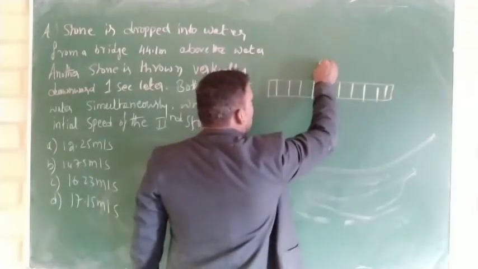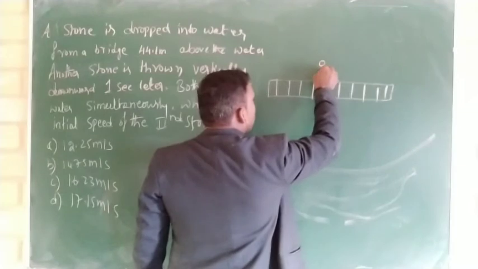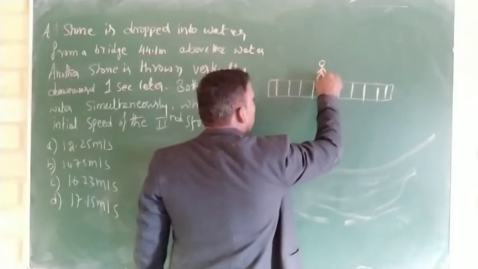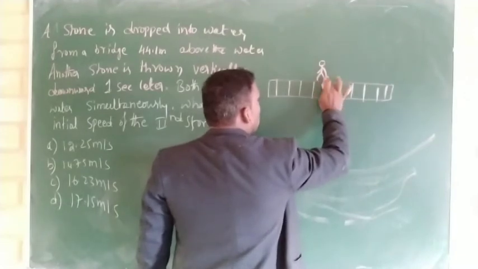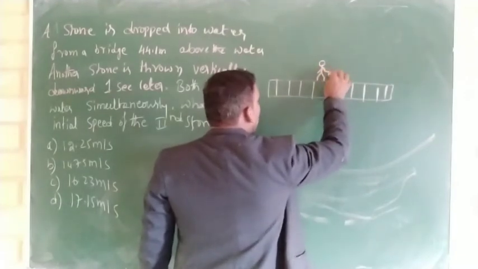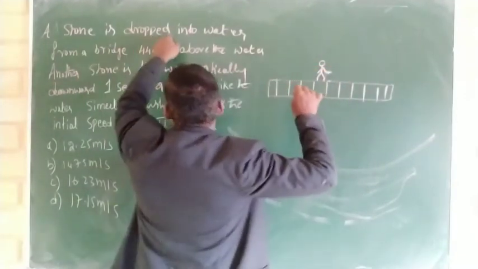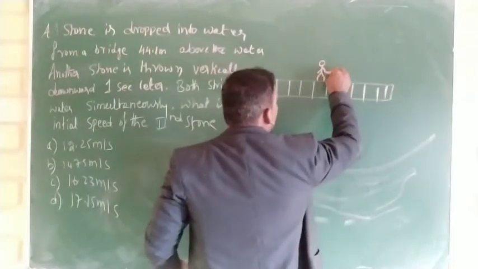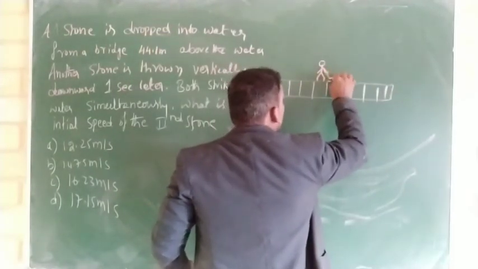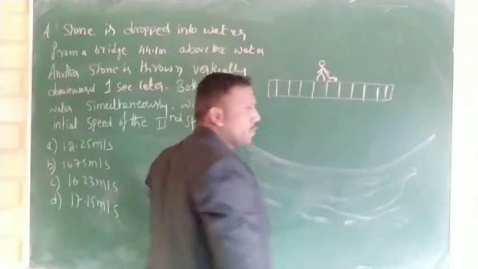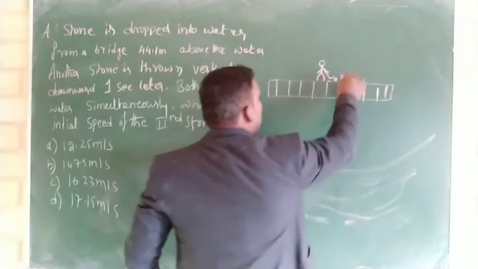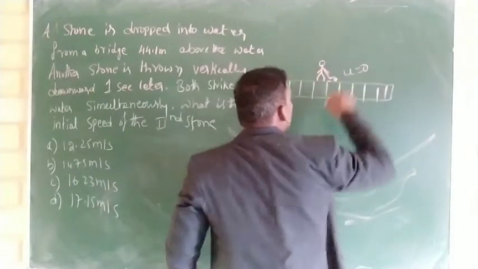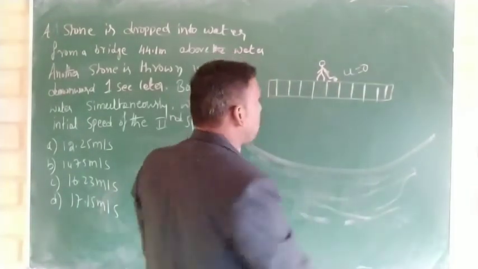You stand on the bridge and throw a stone or drop it. Dropped means the initial velocity of the stone is 0, u is equal to 0. This is the first stone.